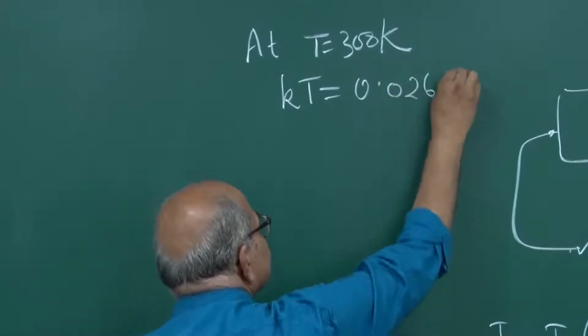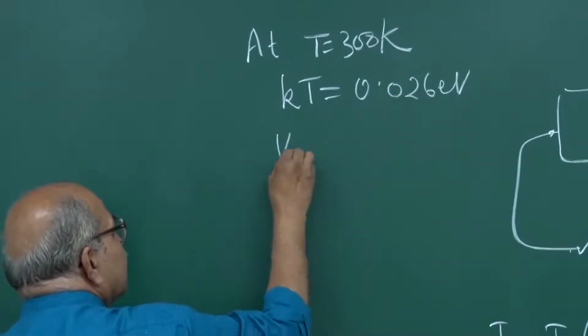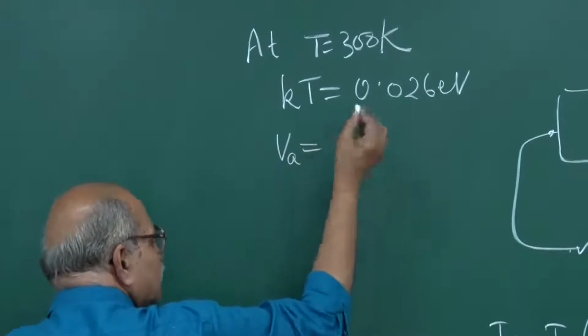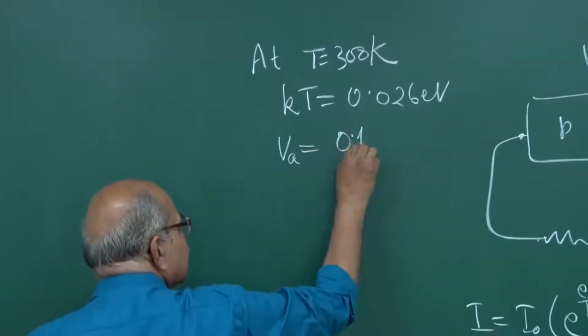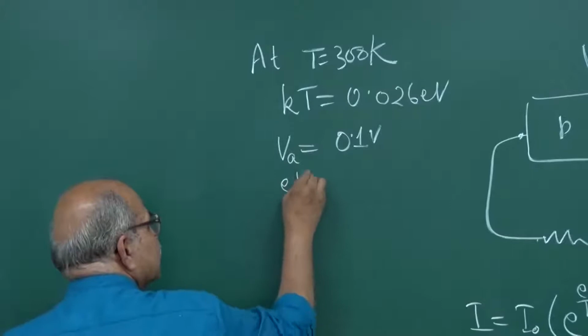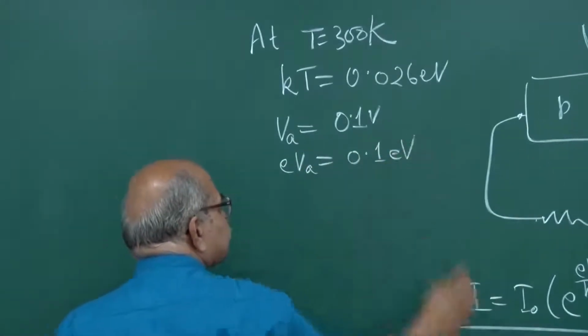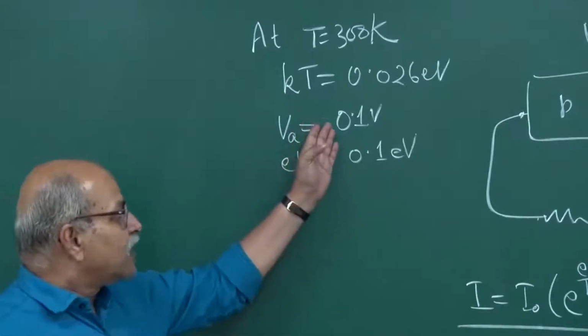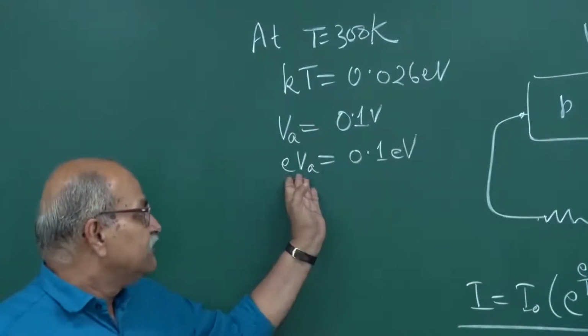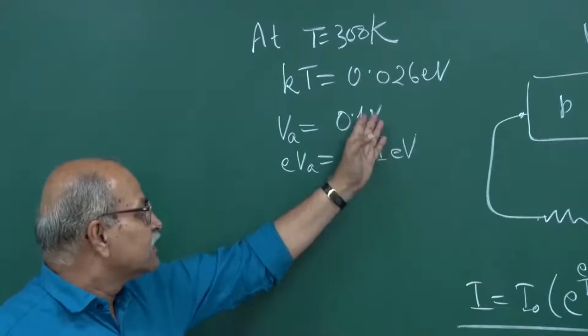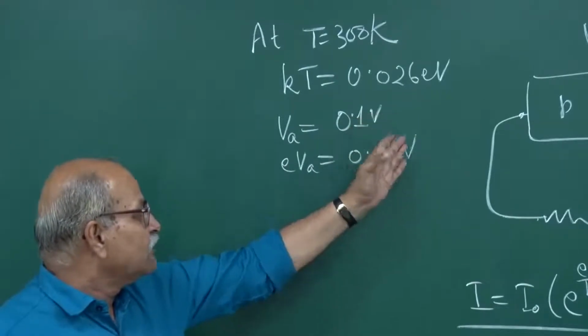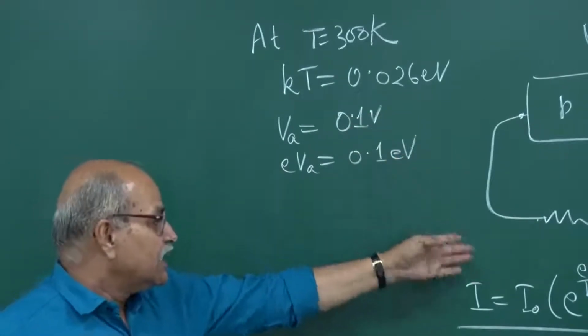0.026 eV, and if you apply say VA equal to 0.1 volt, that means e times VA will be 0.1 eV. Similarly for different applied volts you will have the same number, but volts will become electron volts, and eV by kT.